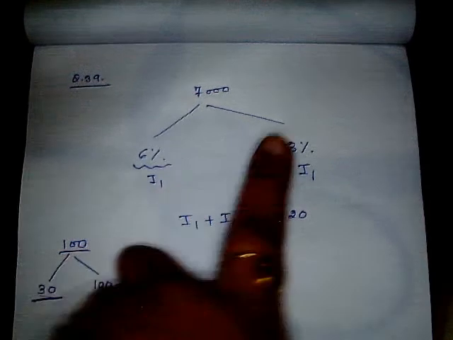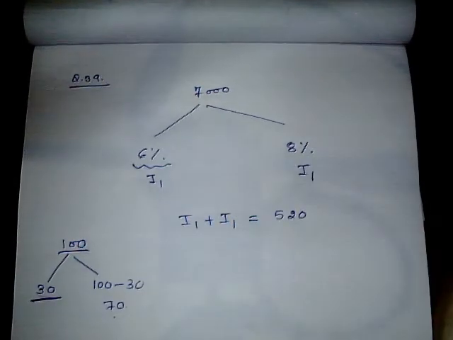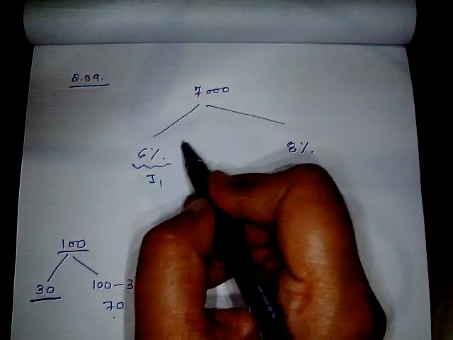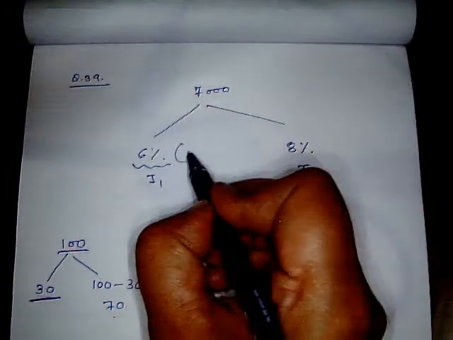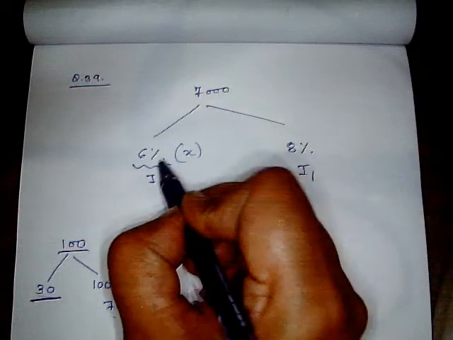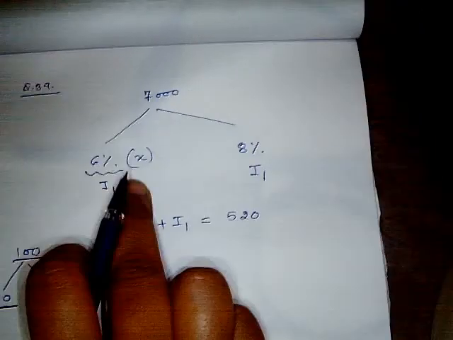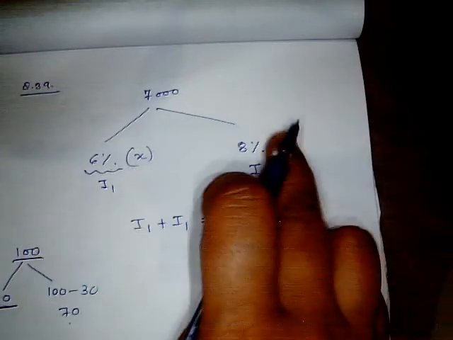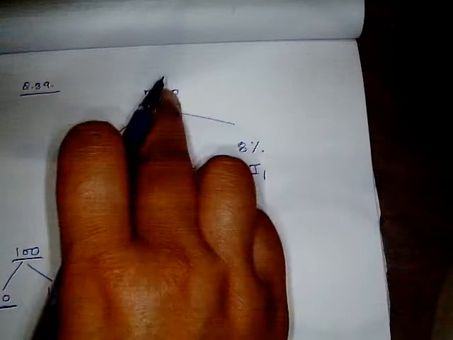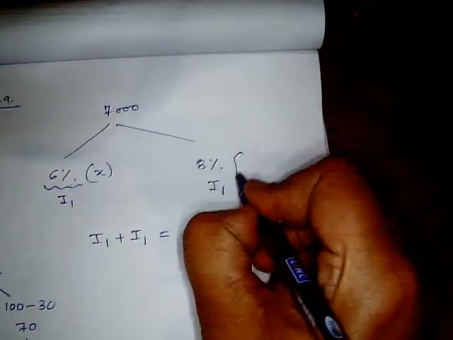When it is not fixed, I need to take an algebraic value. Suppose from 7,000, x dollars I have invested under the 6%. Then the amount I invest under the other is going to be 7,000 minus x.